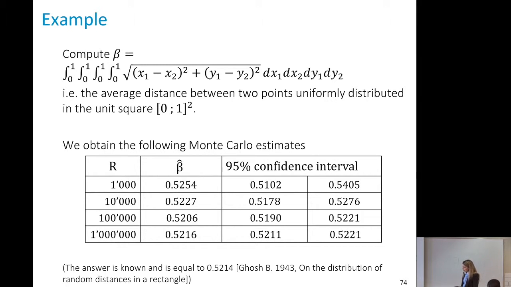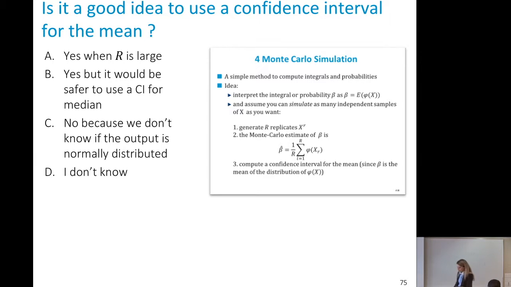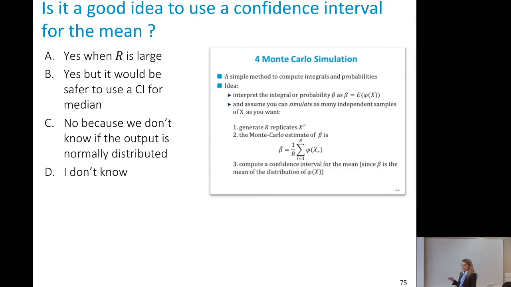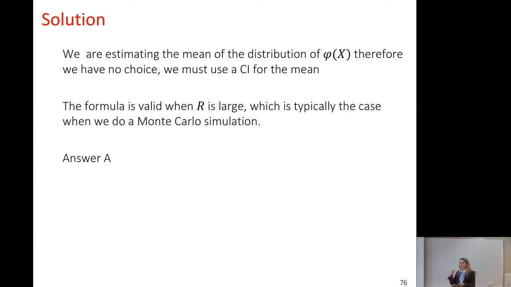And finally, a final question for you. Actually, we cannot do differently. We should use the confidence interval for the mean, because as we said, in Monte Carlo the estimate of the expected value is given by the mean on the replicates that we take. Okay, so we cannot do differently.